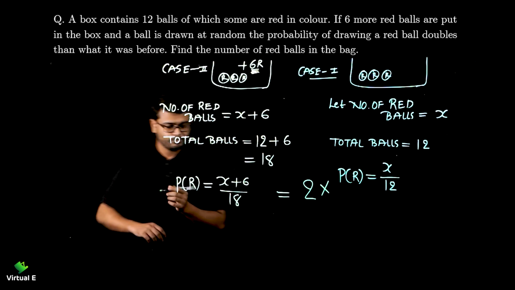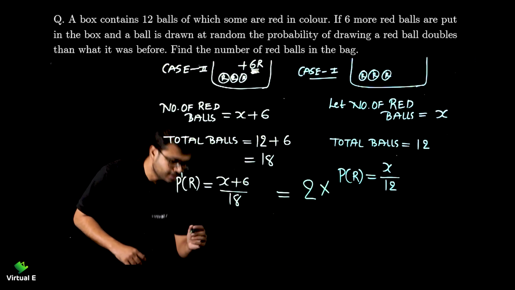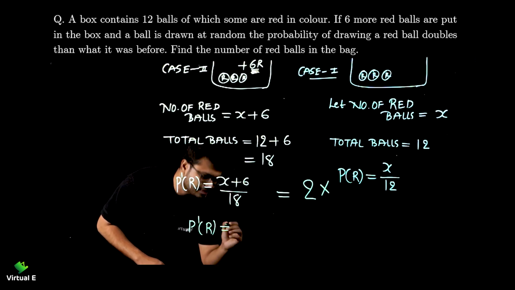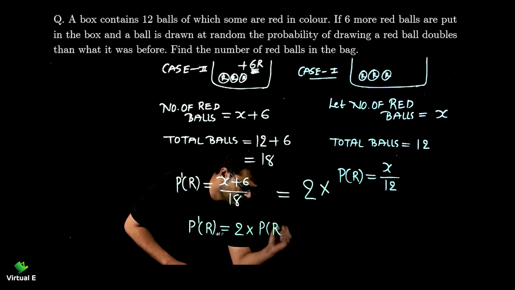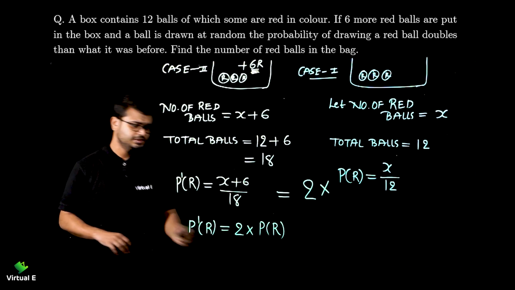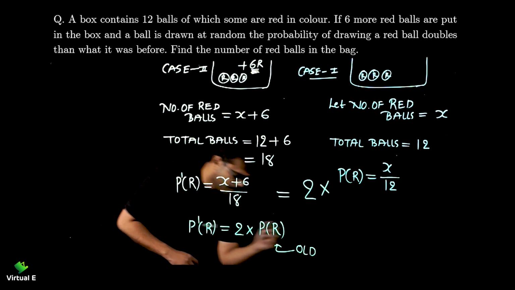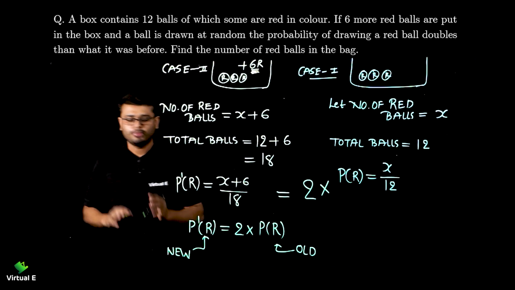Let me write one more time. Let me put p dash here to avoid confusion. So I can write p dash r is equal to 2 multiplied by the probability of getting red. This is the old probability of getting a red ball and this is the new probability of getting the red balls.